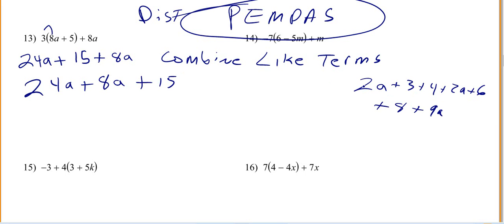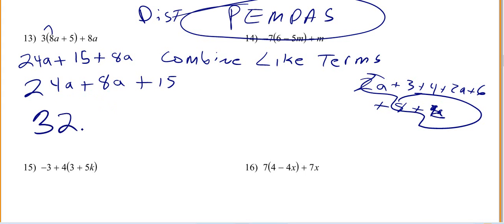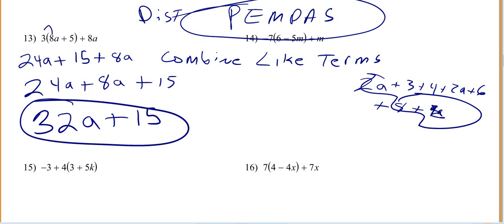Something like this, it's real easy to forget this one way down here. So just get in the habit. It's just a good habit. 24 plus 8. Well, if I've got 24 a's and somebody comes along and gives me 8 more a's, I'm going to have 32 a's in my pocket, plus 15. And that's how we simplify algebraic expressions.